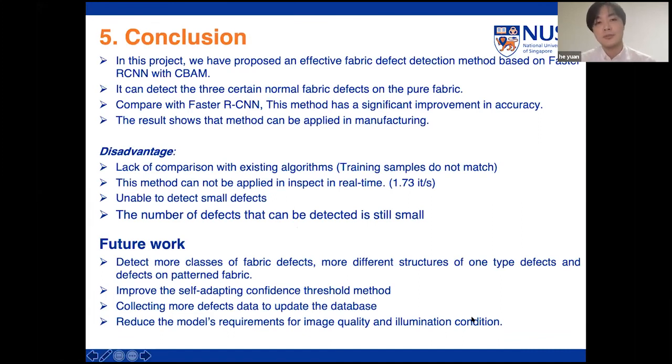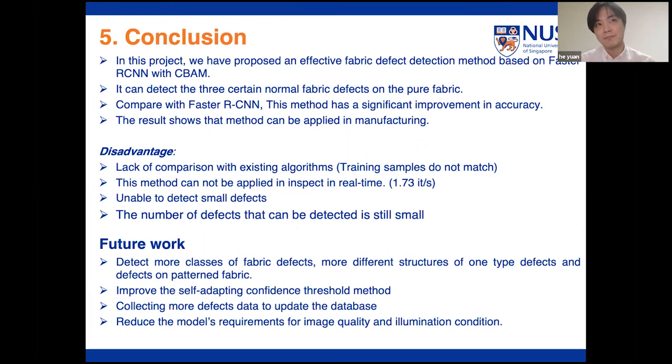And in the conclusion part, in this project, we have proposed an effective fabric defect detection method based on the Faster RCNN with CBAM. It can detect 3 different fabric defects on the unpatterned fabric. And actually, it's very hard to detect defects on the patterned fabric.